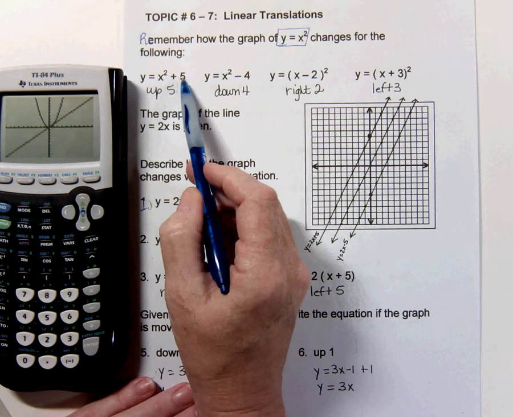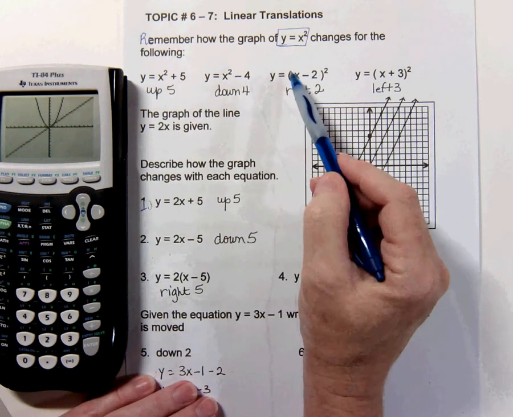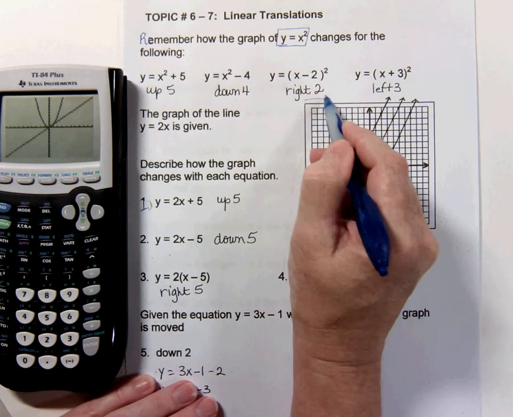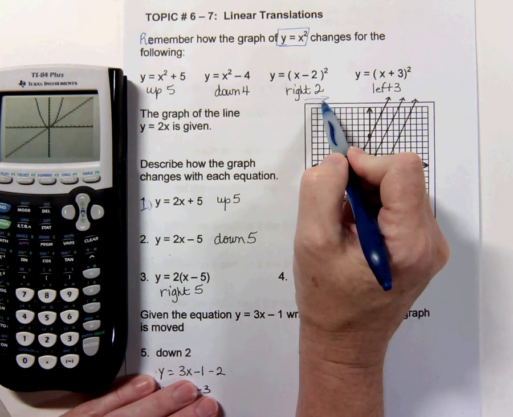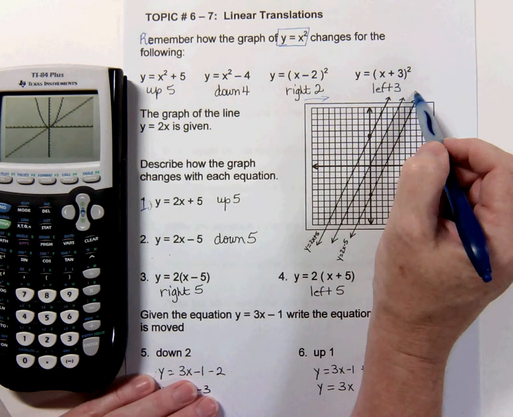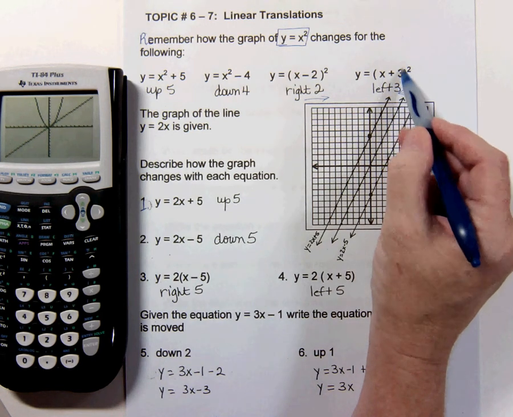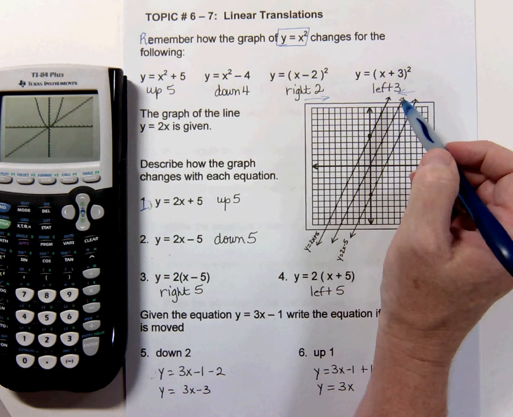This is a shift up 5, where this is a shift down 5, but if it's in the parentheses, it moves to the positive numbers, even though it says negative, because your answer would be a positive 2, when this is actually moved to the left at negative 3, but in the binomial is a positive 3. So let's just recall those things.